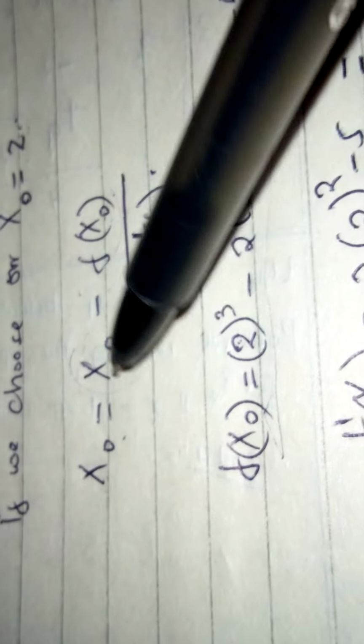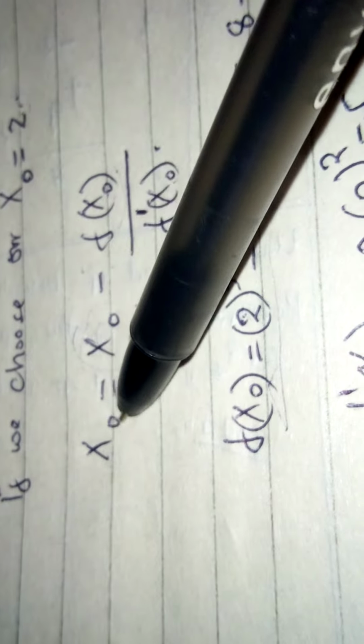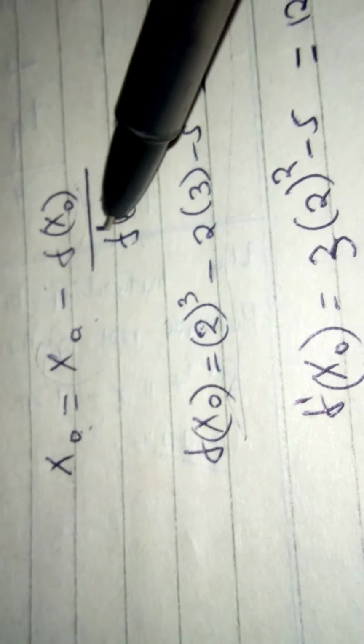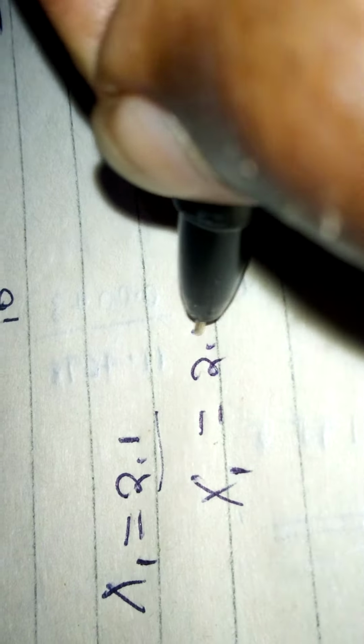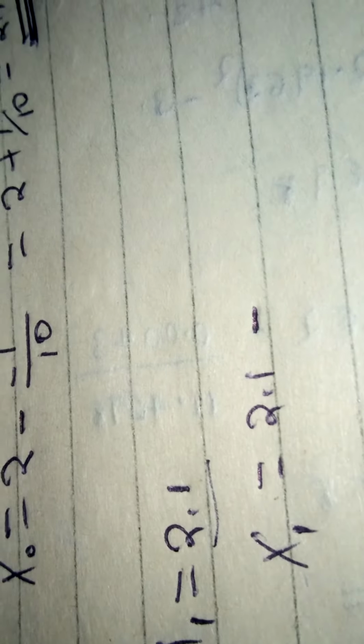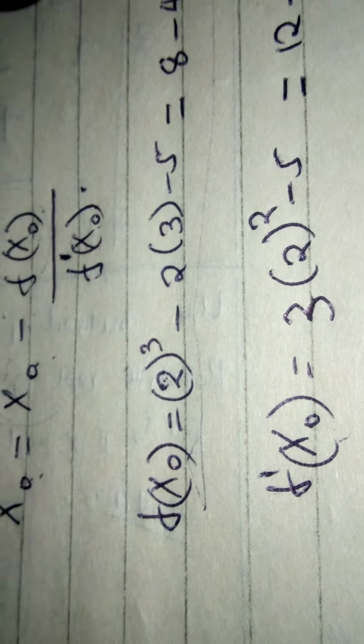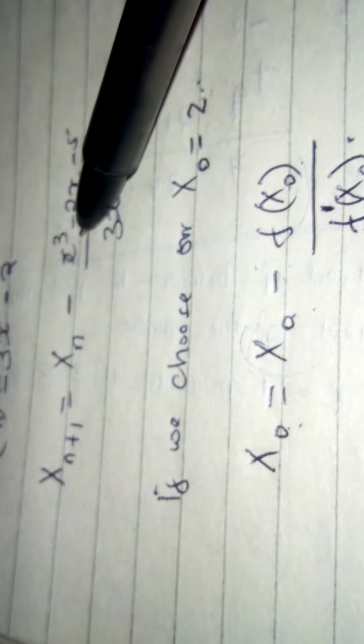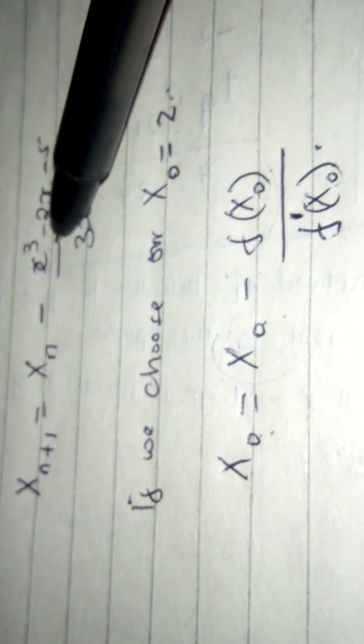So in our formula here, we are going to have x2 is equals to x1 minus f of x1 over f prime of x1. So x1 is 2.1, subtract our equation here, we replace x with 2.1.